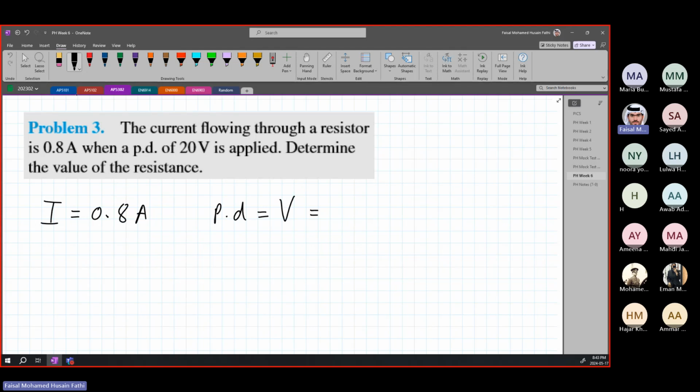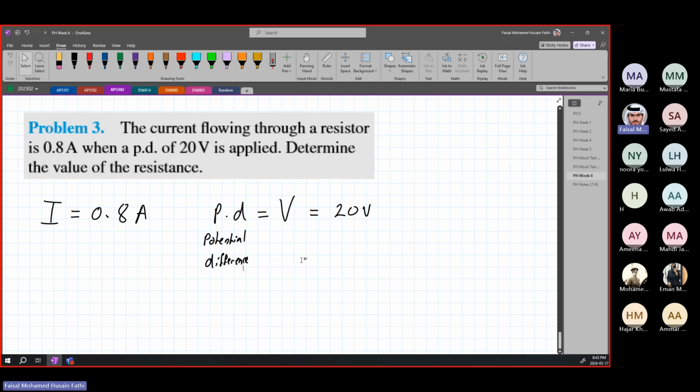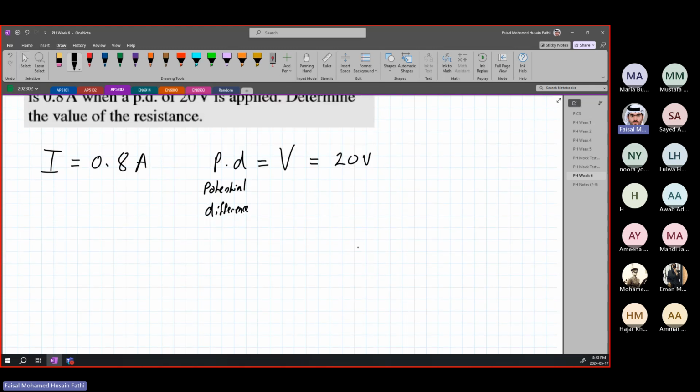So it's equal to 20 volts. You can keep it as PD if you like, but the more common way it's used is voltage. PD simply means potential difference. It is just the voltage that is being applied. Determine the value of the resistance R.